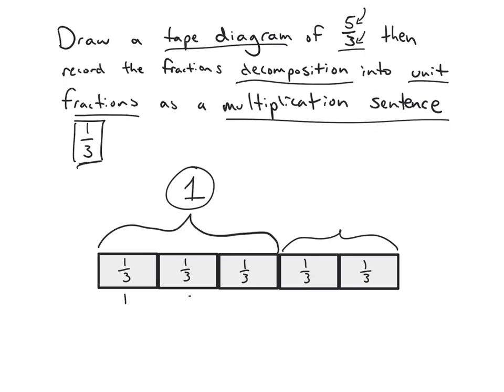So we have 1, 2, 3, 4, 5 copies of 1/3. So to record this decomposition as a multiplication sentence, we write 5 copies multiplied by 1/3, and this is equal to 5/3. So we can see the non-unit fraction of 5/3 as 5 copies of 1/3.